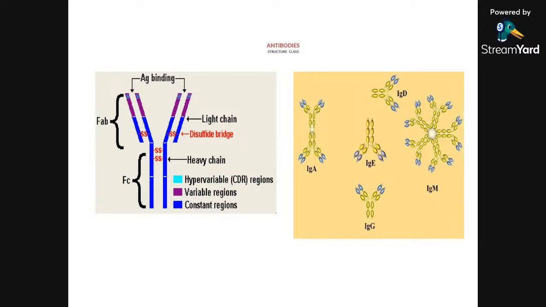In the long chain and short chain, base pairs are present. In the short chain, a molecule is presented, and between the two short chains a sulfide bond is present. In the heavy side, also the long side, both the variable region and the constant region are attached with sulfide bonds.